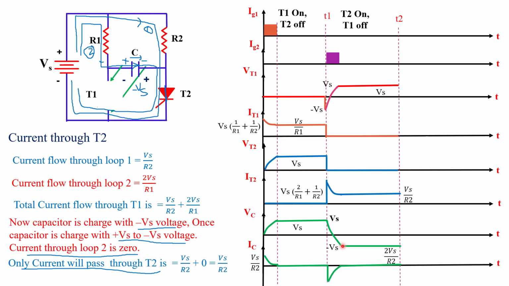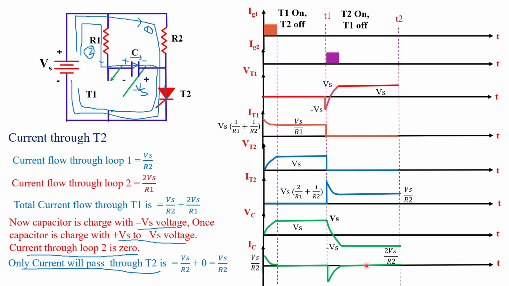After that, the capacitor will hold minus Vs voltage. At this time, the current across the capacitor is maximum. When the capacitor starts charging with minus Vs voltage, the current across the capacitor starts decreasing, and when it is fully charged with minus Vs voltage, the current across the capacitor reduces to 0.